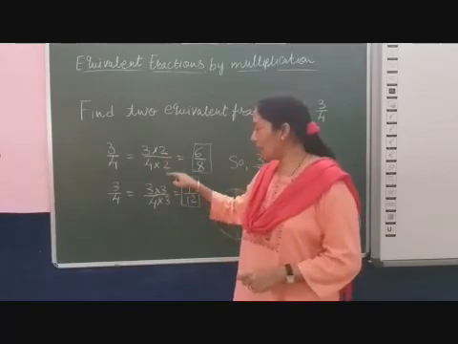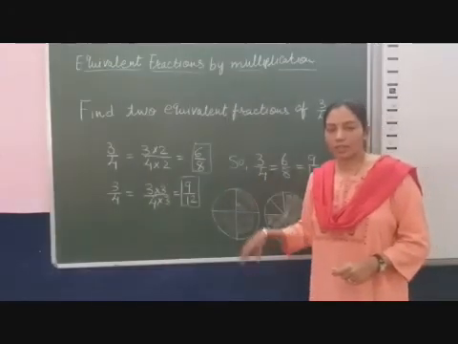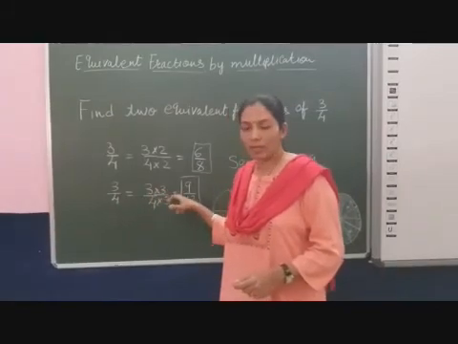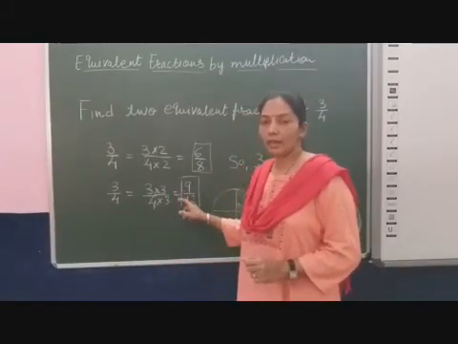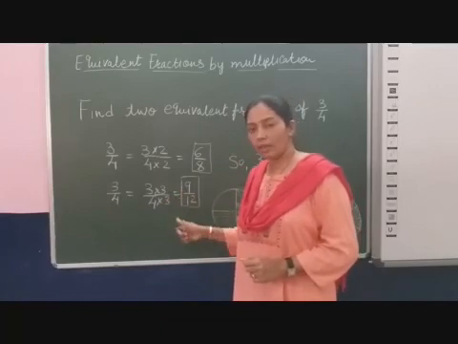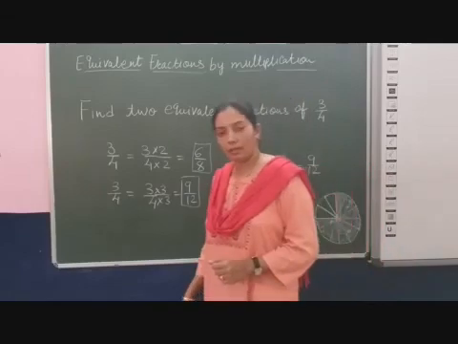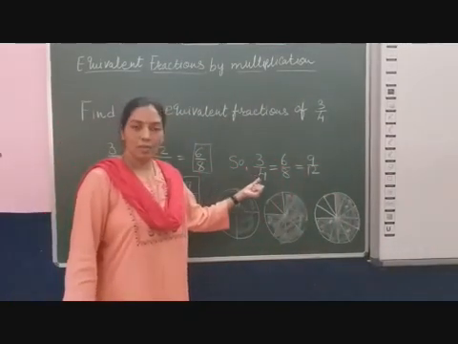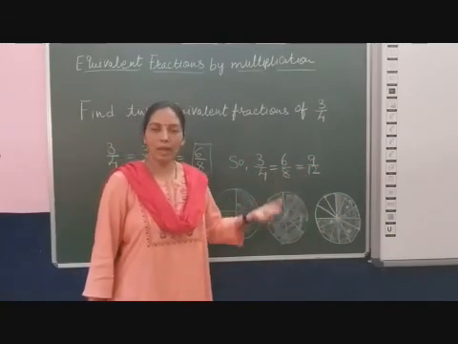Yes, then multiply by 2, then find one equivalent fraction. Then for more you can also multiply by 3. Be careful, multiply both sides, that is numerator and denominator. So you get one more equivalent fraction. So finally we will write here: 3 by 4 is equal to 6 by 8 is equal to 9 by 12.